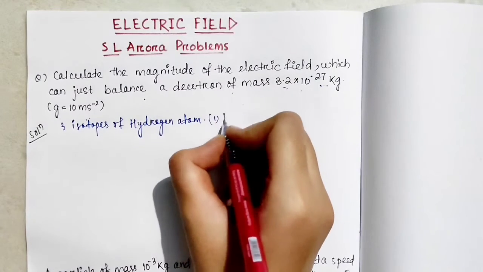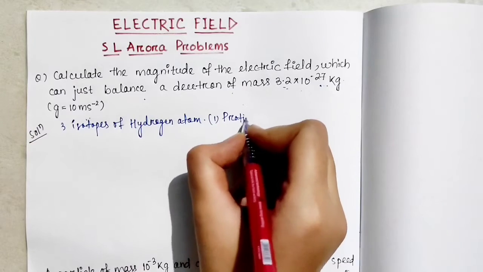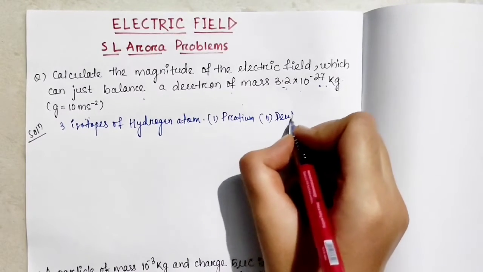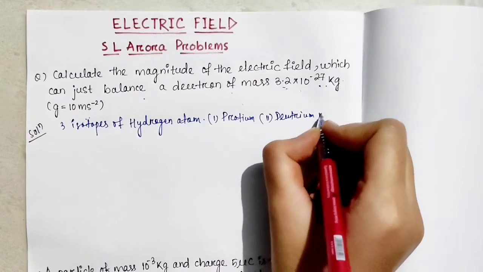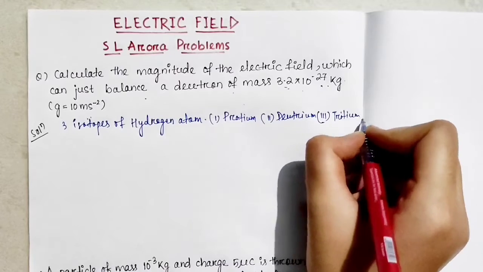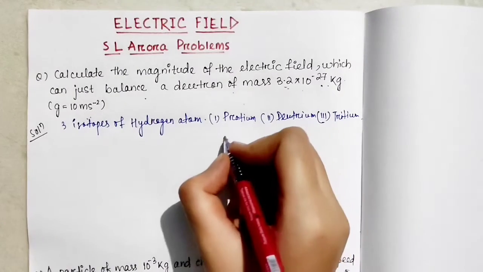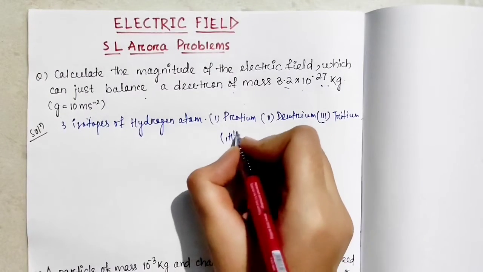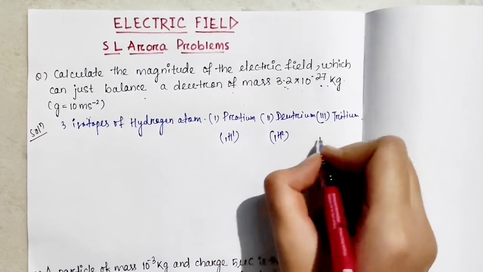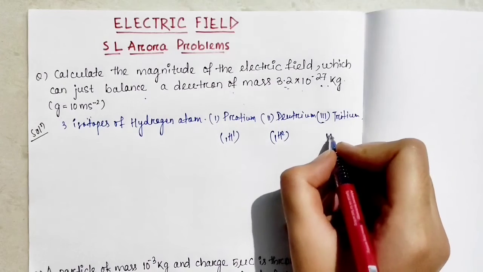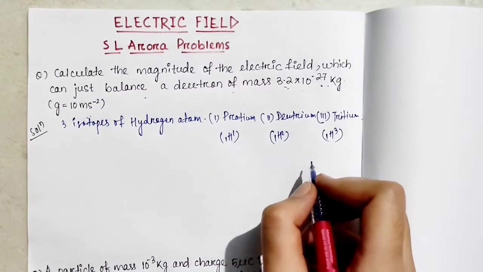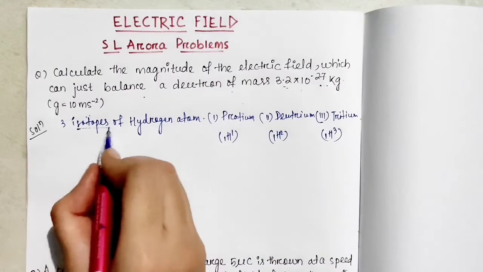The first one is protium, the second is deuterium, and the third is tritium. The symbol of protium is 1H1, deuterium is 1H2, and tritium is 1H3. So what is an isotope?